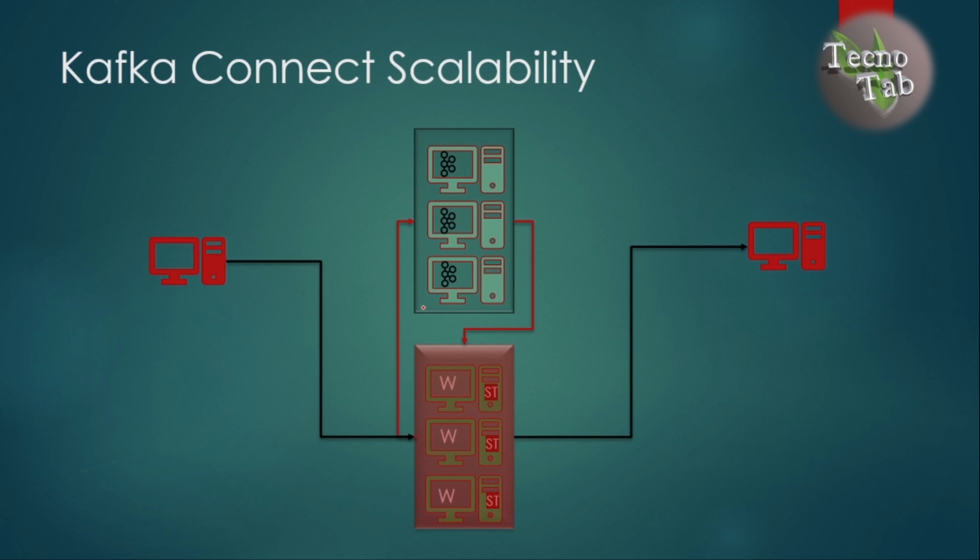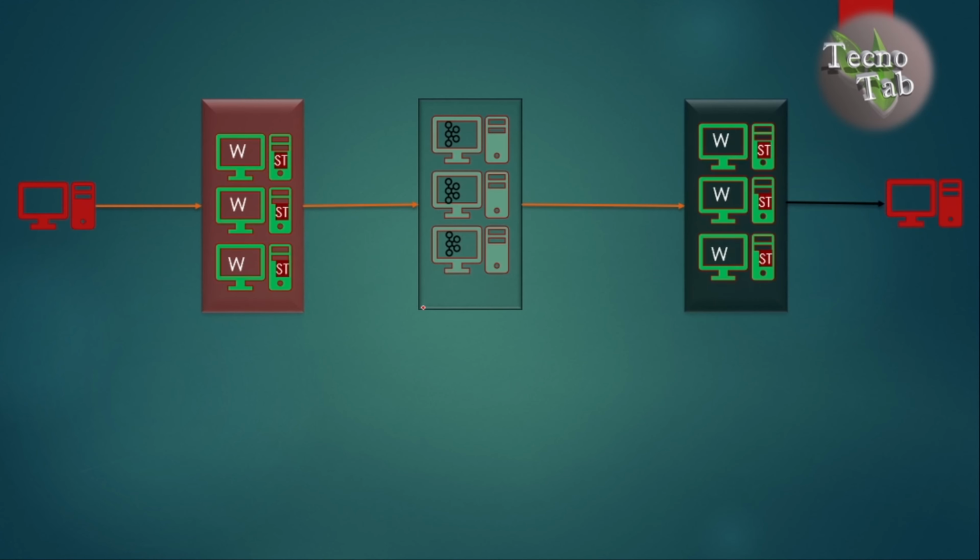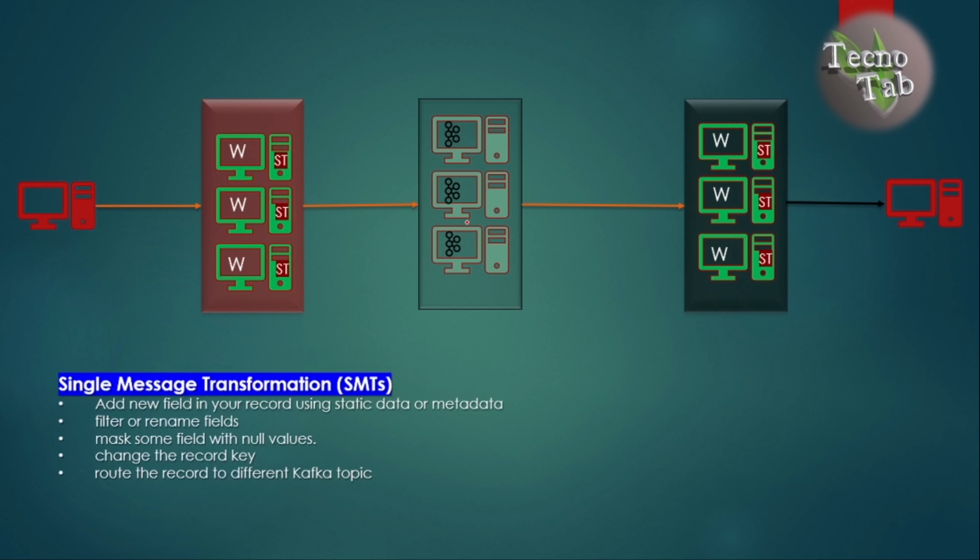Now the next question comes in: does it only copy the data or does it perform any transformation on the data? Initially Kafka Connect was designed to perform a plain copy, which means it just takes the data in whatever state it is and pushes it to the Kafka cluster. But later on they modified it and allowed single message transformation.